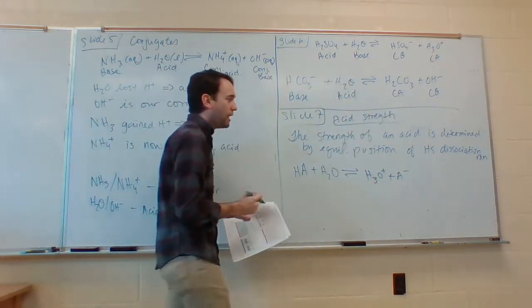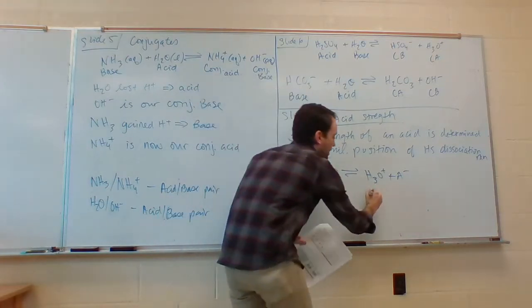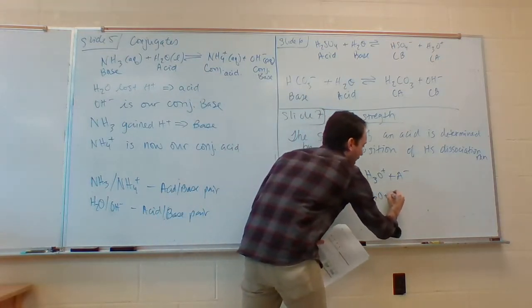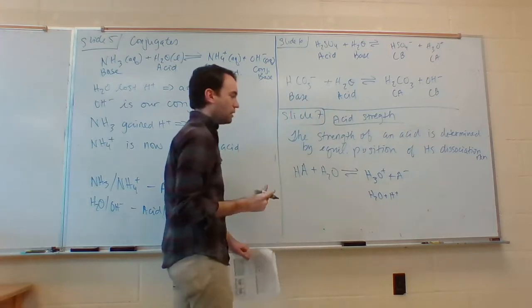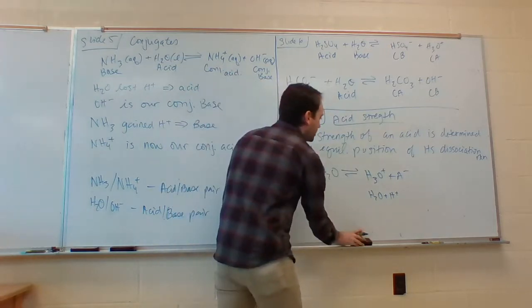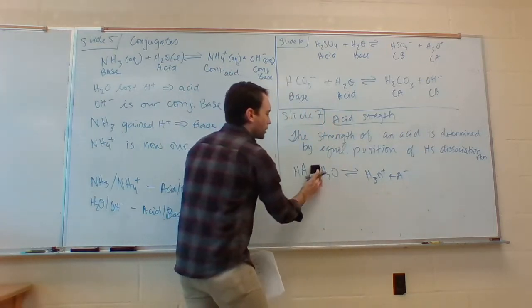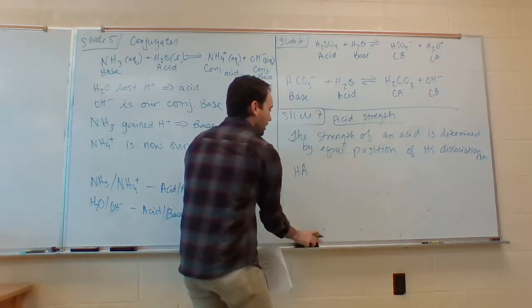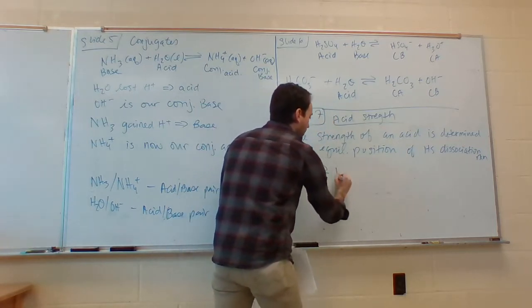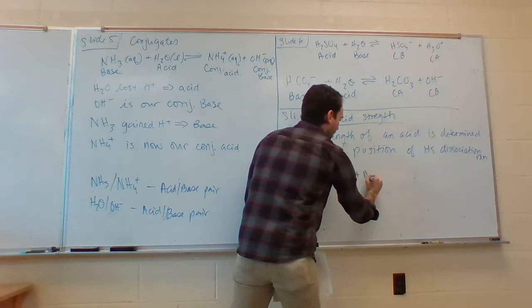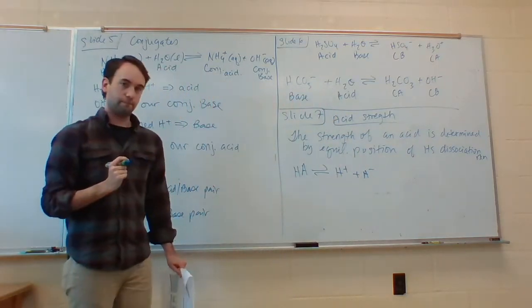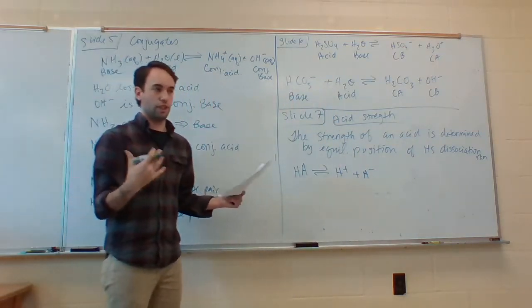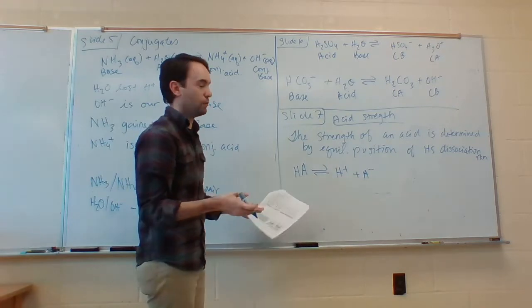Another way to think about it is that H3O plus is basically an H2O and an H plus. So if we got rid of our spectator ions, the dissociation reaction would look something like HA becoming H plus and A minus, because the H2O is just a spectator, it's not participating in the reaction.